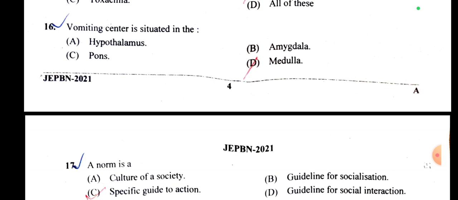What is the function of hypothalamus? The function is hormonal regulation, regulate heart rate, body temperature, hunger, sleep-wake cycle, and homeostasis.